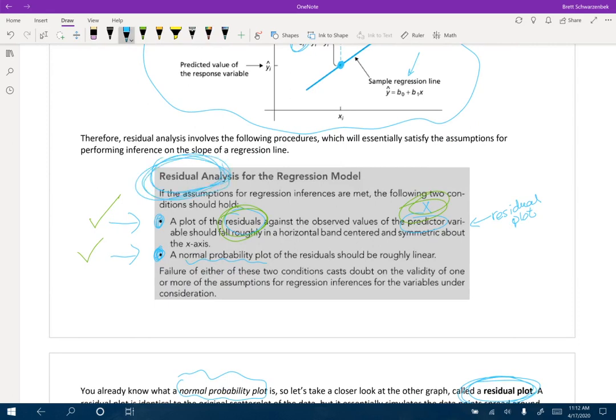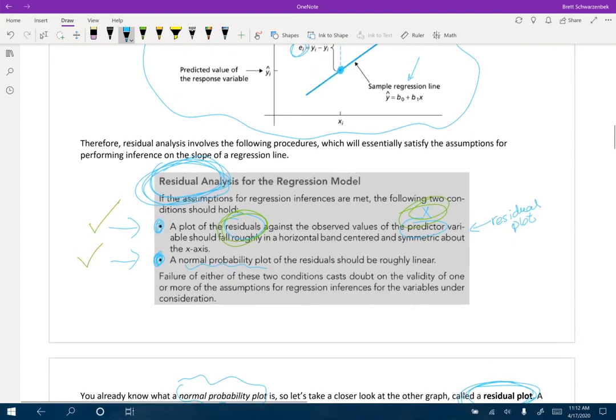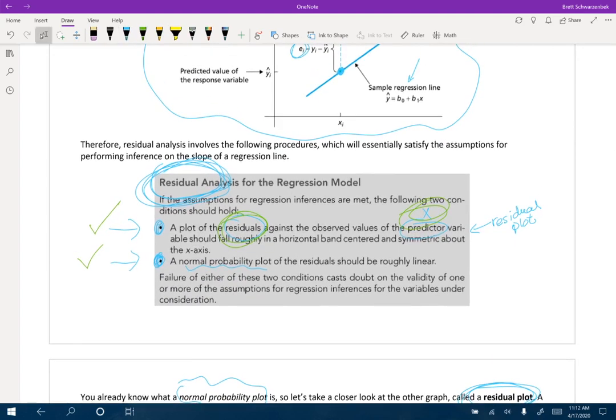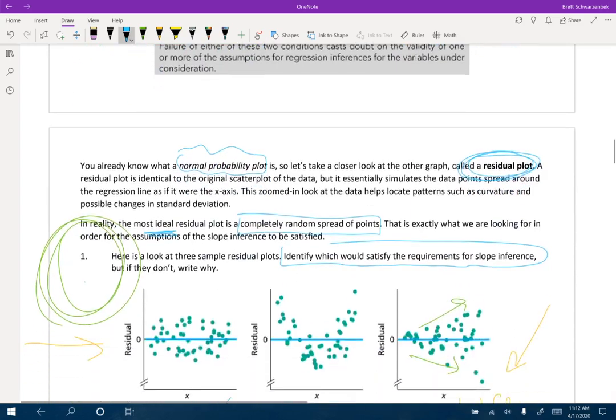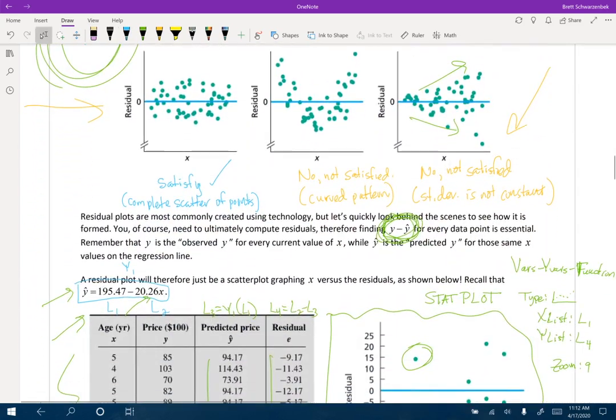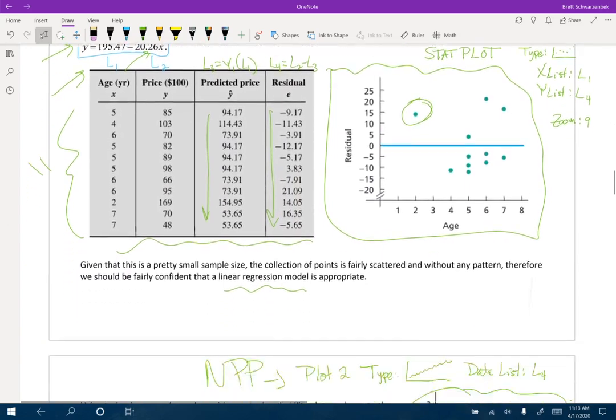And trust me, it is, because I've had to do it in advanced math classes and it stinks. So residual analysis, something you can quickly do on your calculator, is the substitute. Once these two check out, you can move on and do the inference calculations for any regression model that you have.